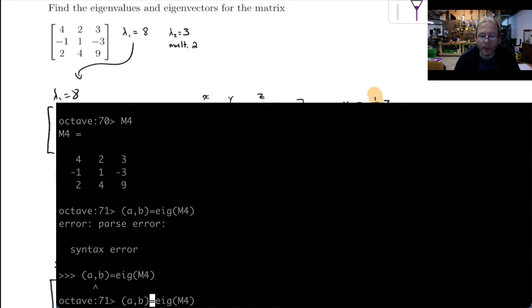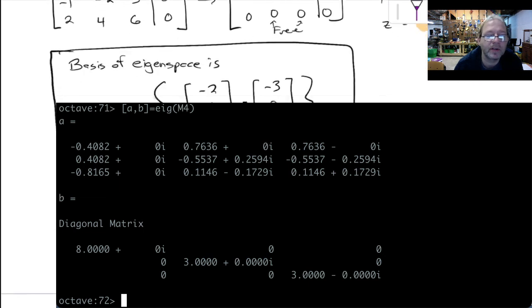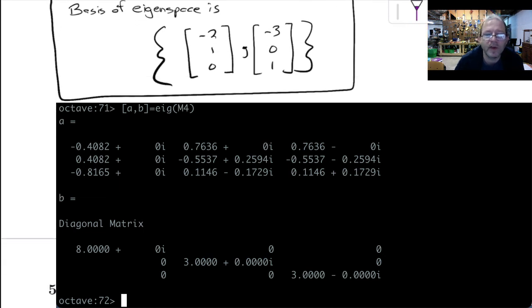Oh, these are supposed to be brackets. All right. So if we look at our eigenvectors that Octave gives us, we've got -2, 1, 0. Huh, that doesn't look at all like what they have. Oh well, let's not worry about that.